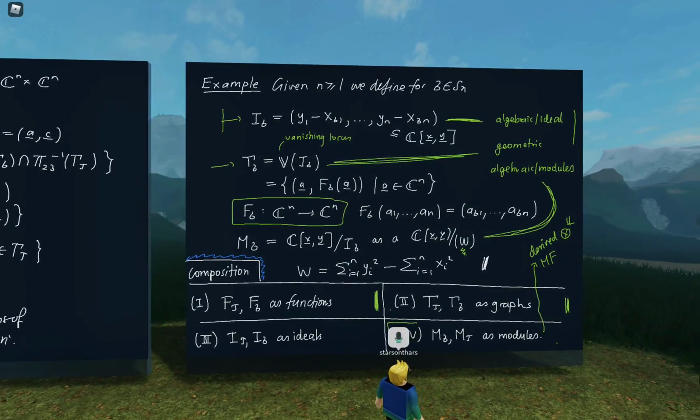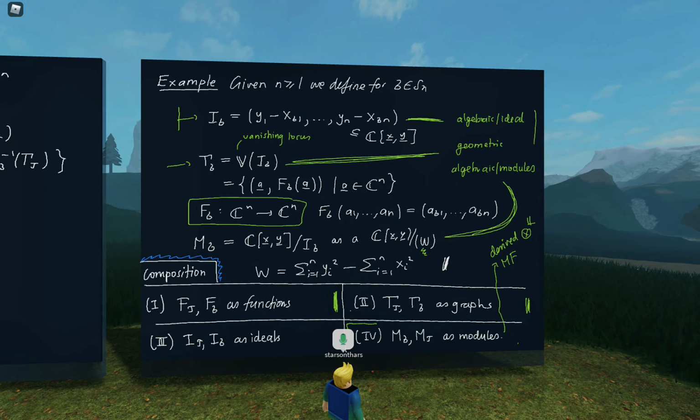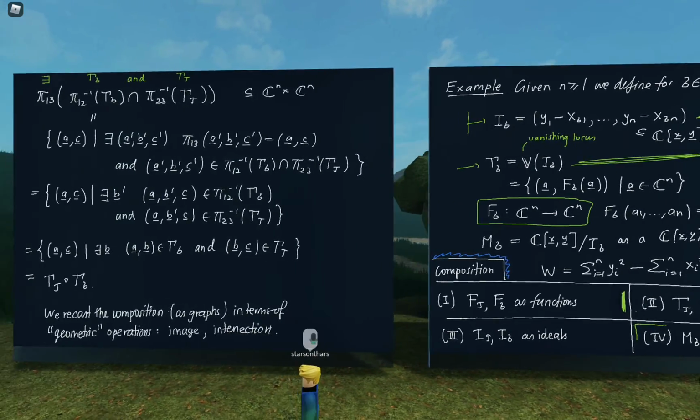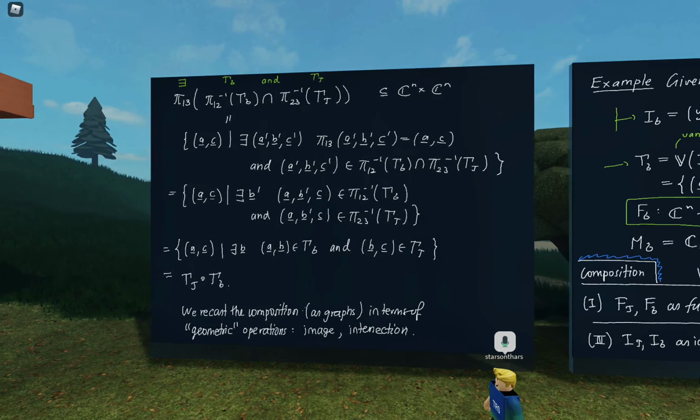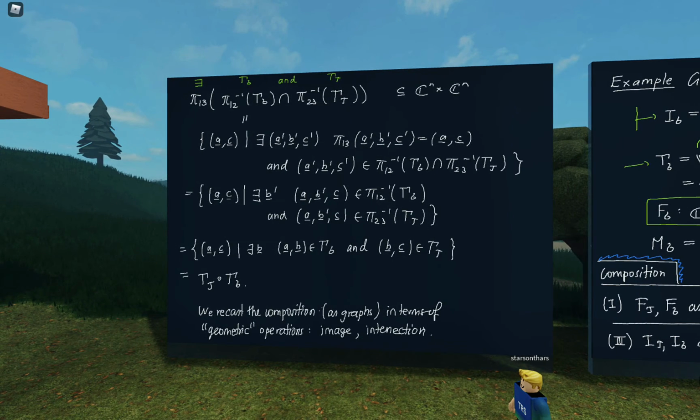So I've talked about 1 and 2 now. Let's move on to 3. So how can we recast all of this in terms of ideals? Well, if we look at this formula at the top of the page here, pi 3 image of intersection, we can turn this into an ideal and this into an ideal.